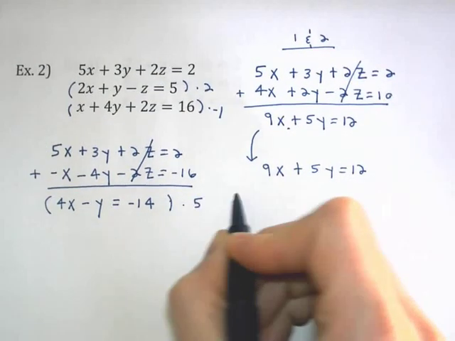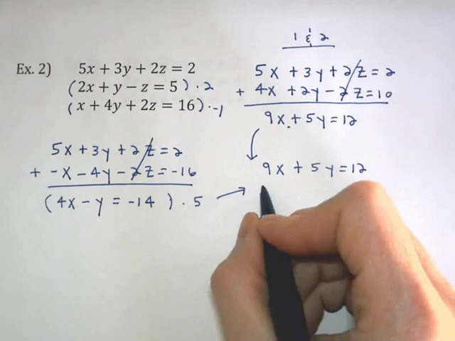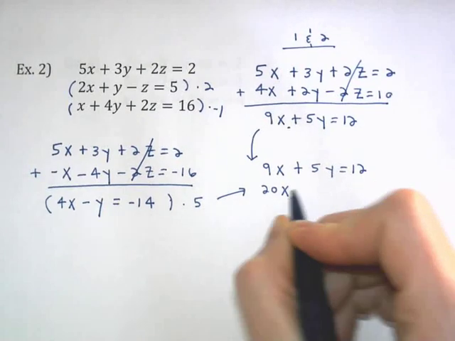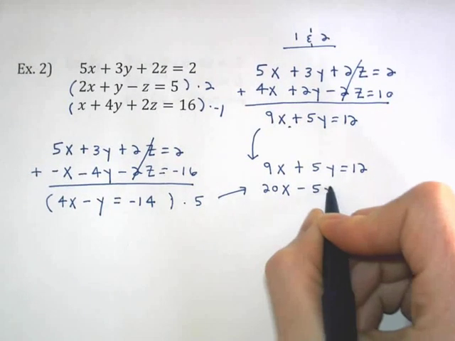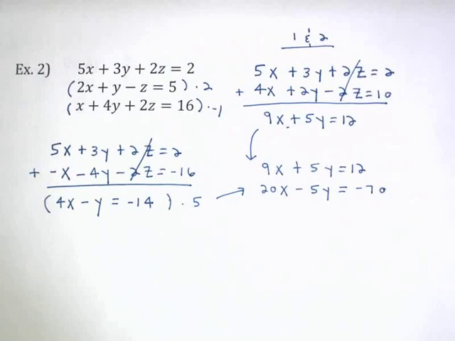I'm going to multiply this entire equation by 5, because that's going to create the opposite y's that I'm looking for. So when I multiply that whole thing by 5, I end up with 20x minus 5y equals -70.